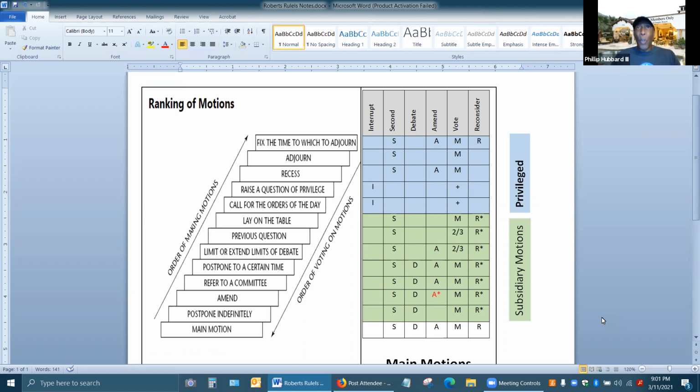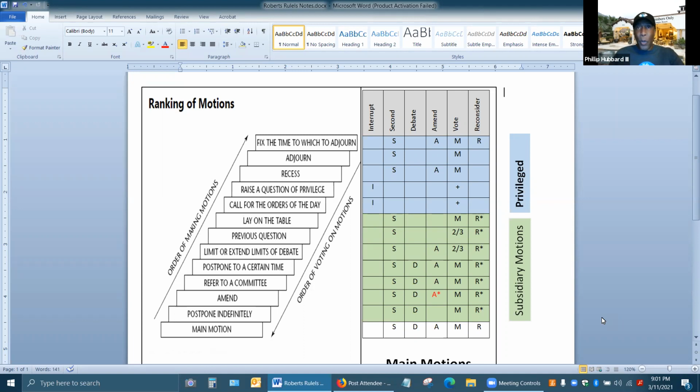If there is a motion to adjourn and there is no way of bringing back the assembly, then this motion is invalid. It is not a good motion at all, and that motion cannot go through, because again, there has to be a way to bring that assembly back.